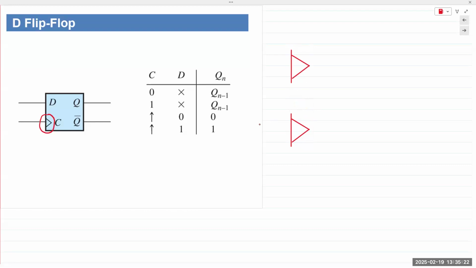That indicates the rising edge. More importantly, this indicates the positive edge.